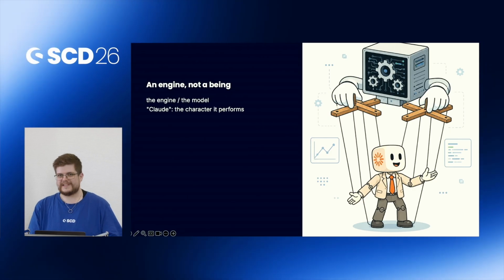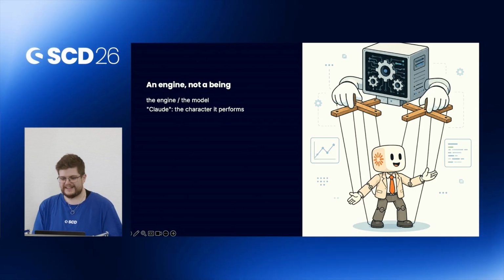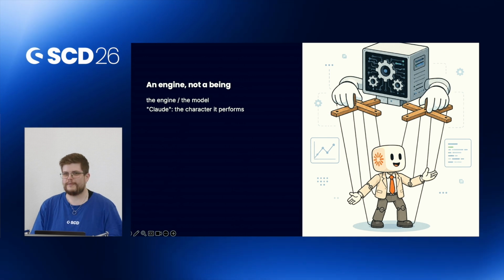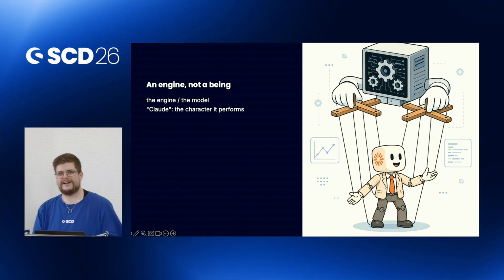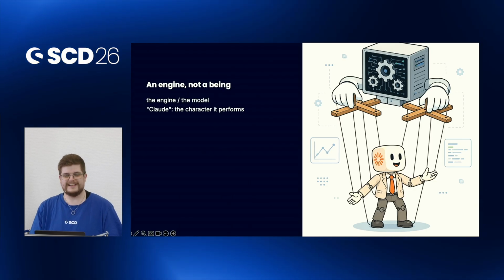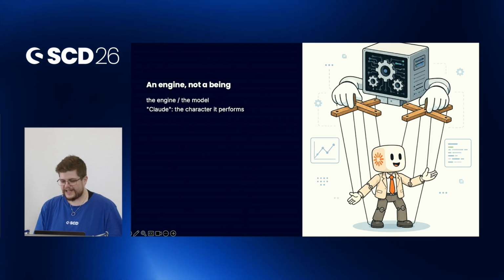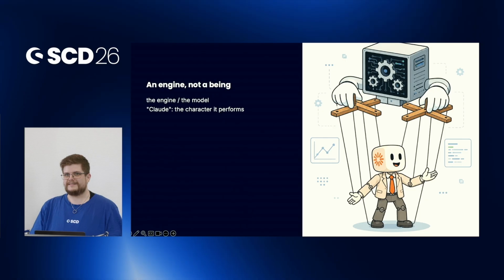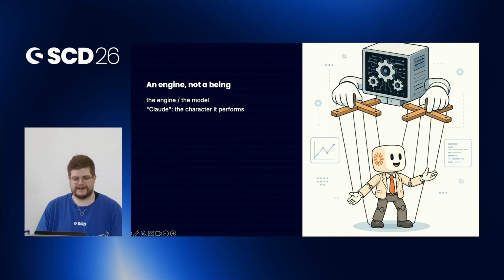One side note about the engine: you might have come across the strawberry check. You or others have asked the model how many R's are in strawberry, and sometimes it fails, sometimes it succeeds, and it's often misconceived as a scale for how smart an AI is. It is really not.